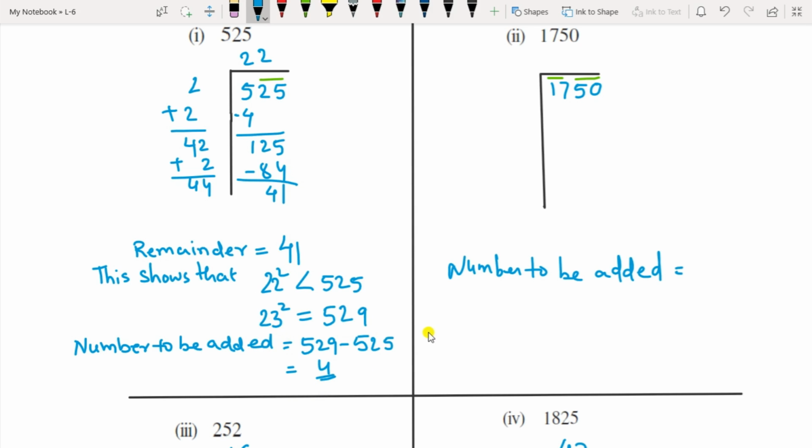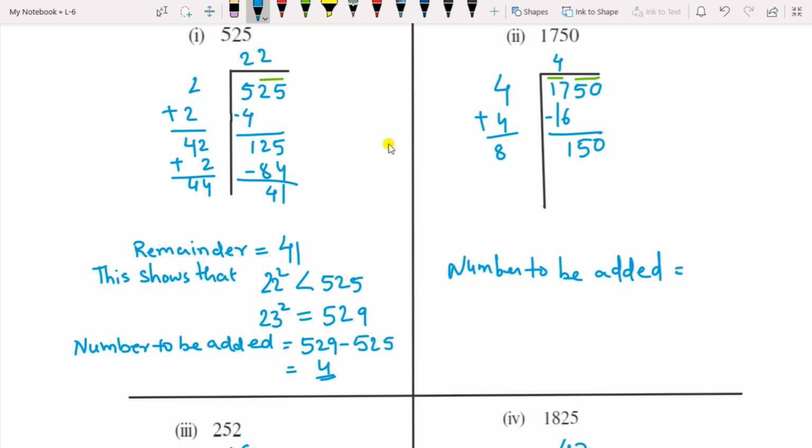The second way of doing it, I will show you in the second sum, 1750. Make the pairs first. Then 17, 4 4s are 16. Subtract it, it gives 150 here. Add this 4, it gives 8 here. In the earlier sum you take a number whose product gives a lesser number than the remainder.